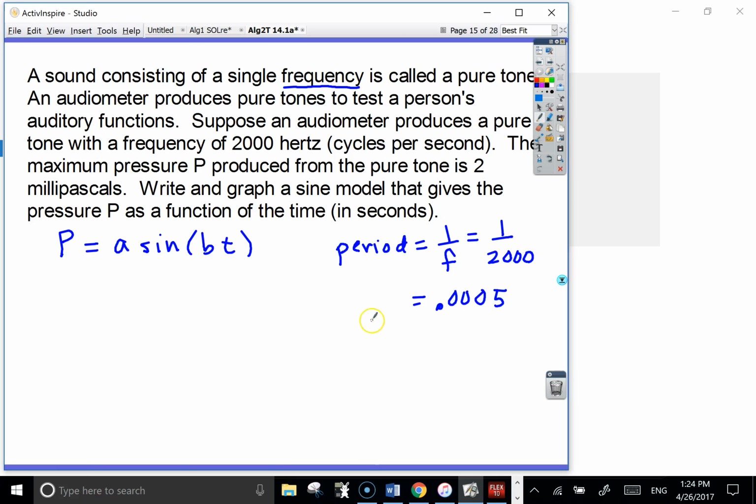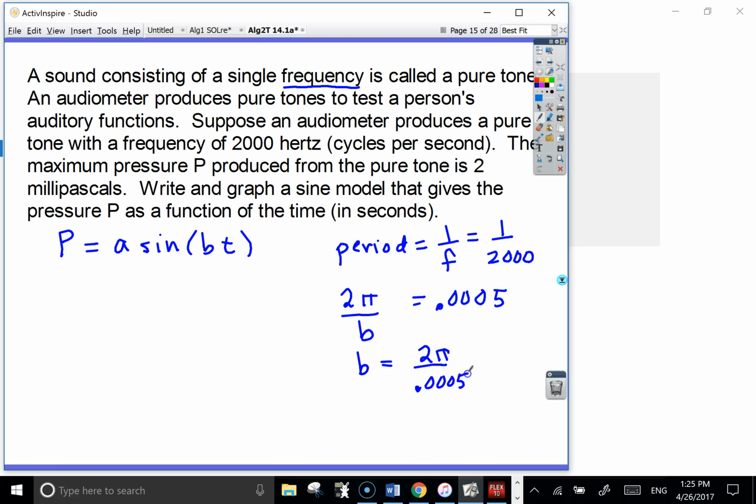So we know that the period is 2 pi divided by B. Maybe now we could use this to solve for the B. How do I solve this for B? It kind of relates to solving those trig equations. So B should equal 2 pi divided by 0.0005.